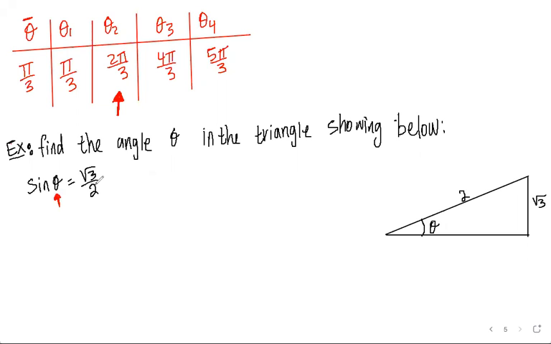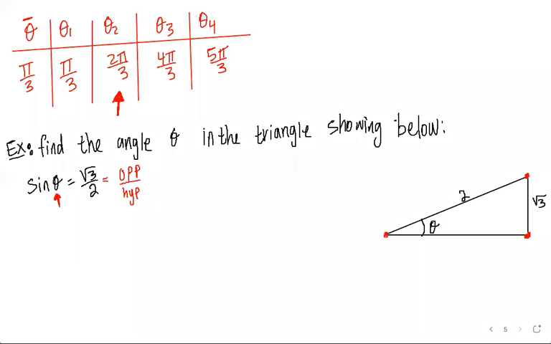So first of all, to find this value for theta, I have to graph a right triangle like this. The sine of theta equals square root of 3 over 2. This means the opposite over the hypotenuse. The opposite is the square root of 3, the value from here to here, over the hypotenuse, which is 2. The question is to find the value for theta.